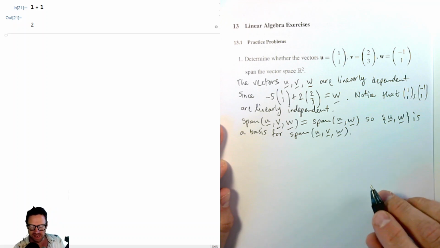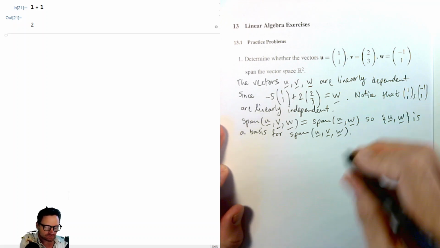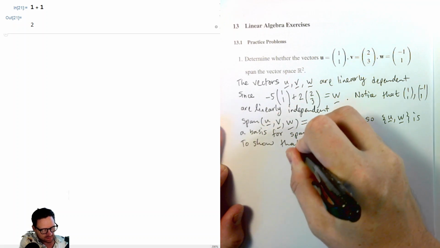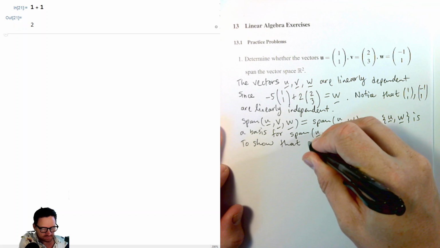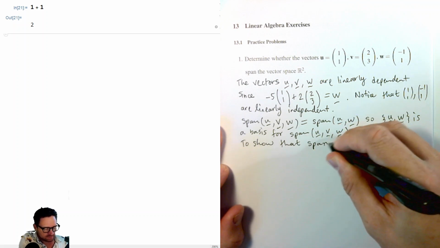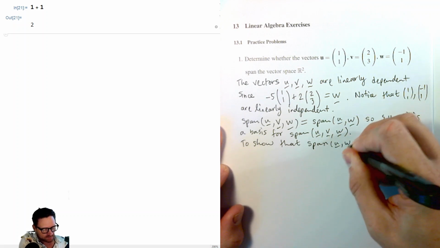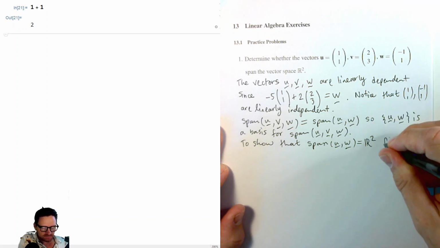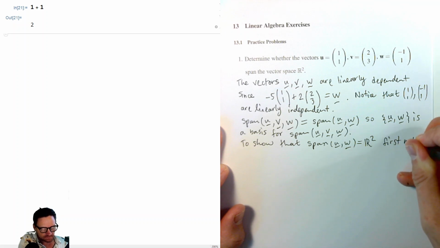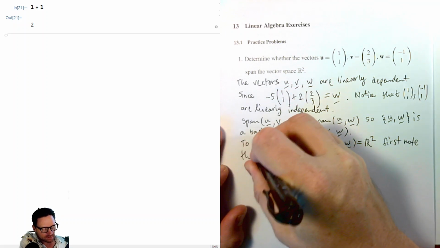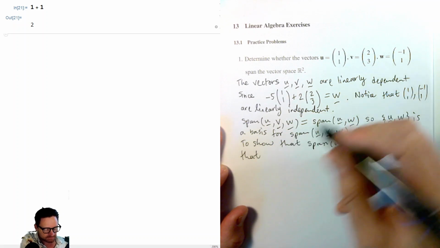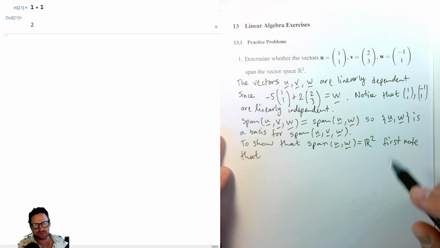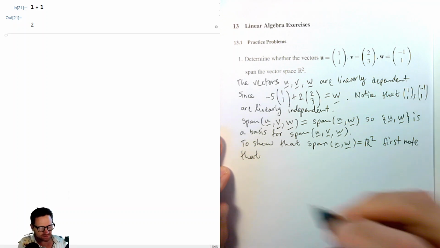Okay, so now that we have that, to show that span of u and w is equal to R2, first note that any linear combination of u and w is an element of R2.